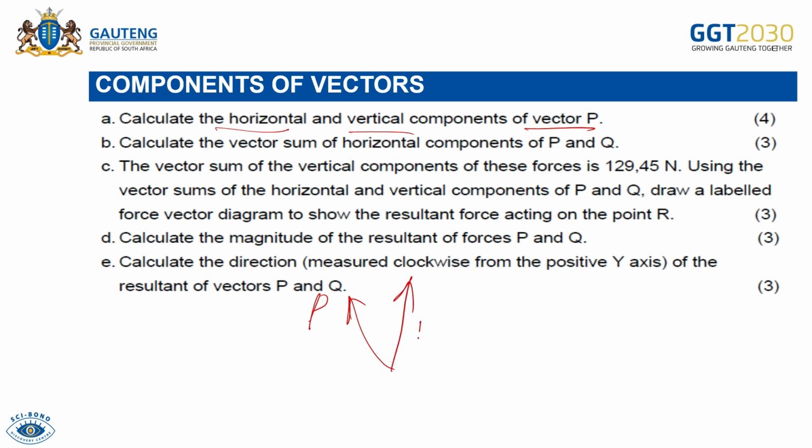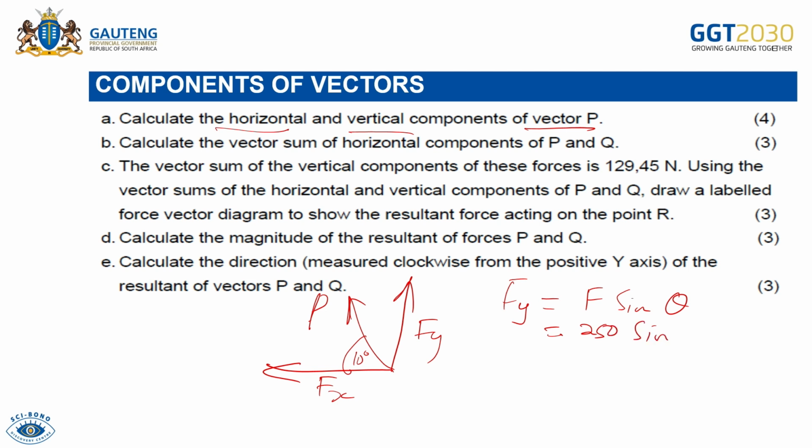This is my Fy, and then this is going to be my Fx. What is the angle here? It's 10 degrees. What is my Fy? Fy is given by F sine theta. You already know where this is coming from. It's not from the atmosphere, right? You saw we are using the trig ratios. Then what is the magnitude of F? It is 250, sine 10 degrees.